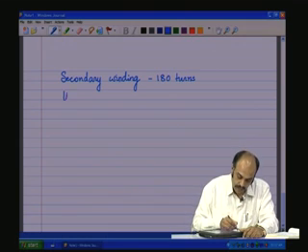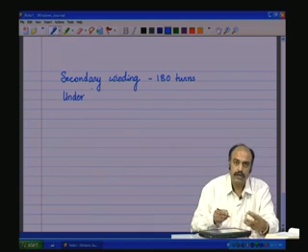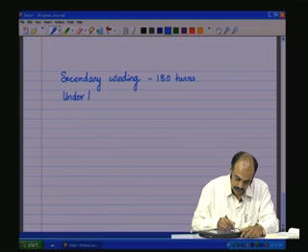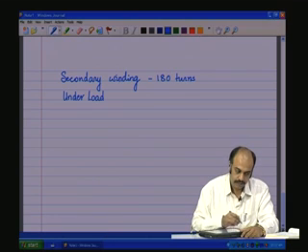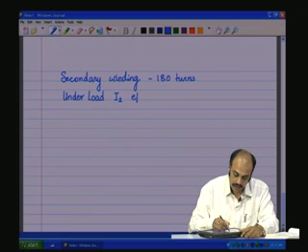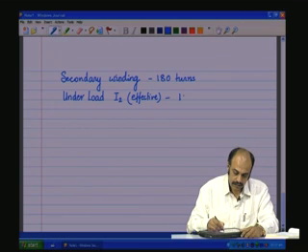So, under load, meaning when the secondary side is connected to a load Z2, the secondary current I2 effective value, always effective value, is 18 amps.